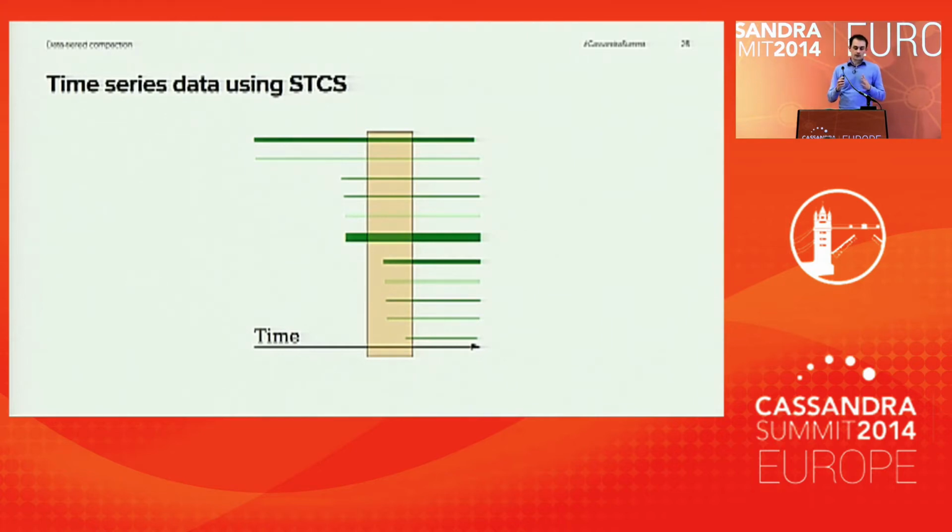If you do a range slice query, and the yellow box here indicates that we want to do a range query picking data between those two times, chances are you actually have to read from all of these 11 SSTables. Most likely, if you have time series data and you update all the rows all the time, which is a common use case for monitoring, for instance, you will have to read from all the rows. All the SSTables contain the partition you're looking for, and the data range you're looking for is also contained in all the SSTables partially.